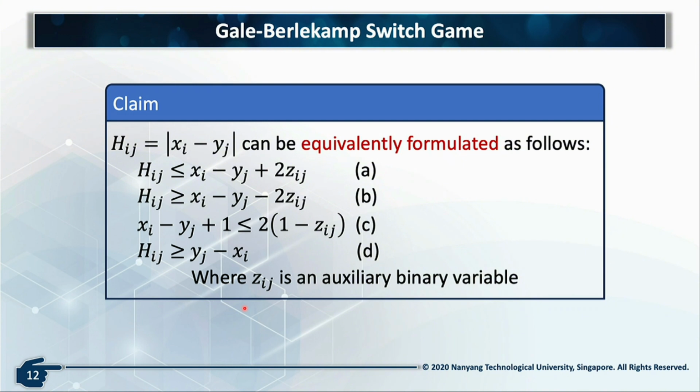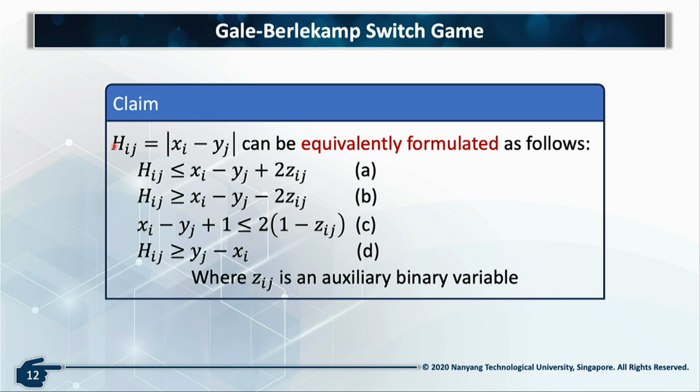Okay? So this equivalent formulation means what? It means that the possible value for xi and yj and hij restricted from this set of constraints must satisfy this nonlinear function.